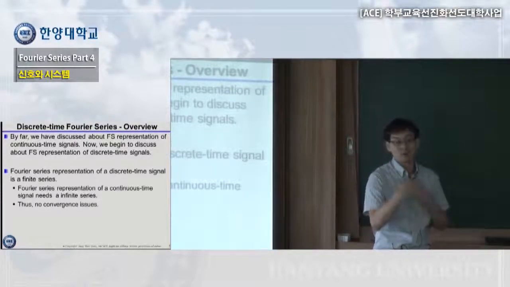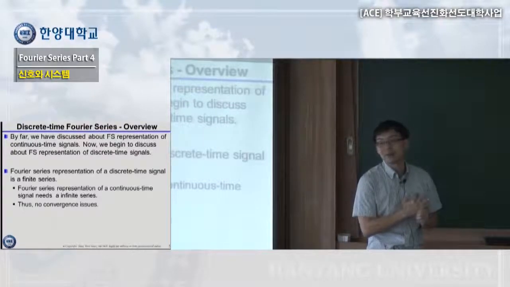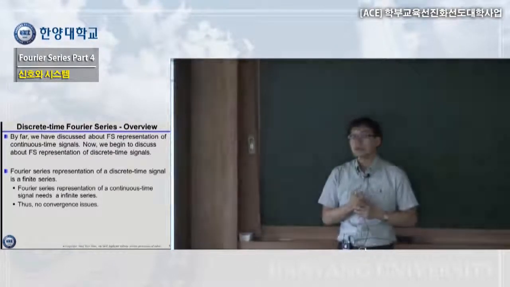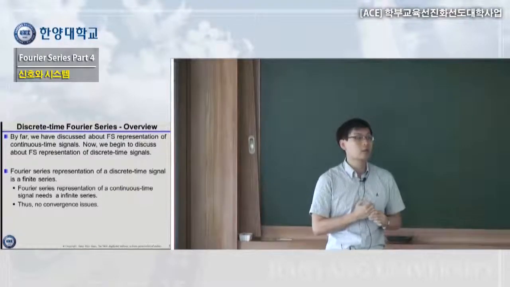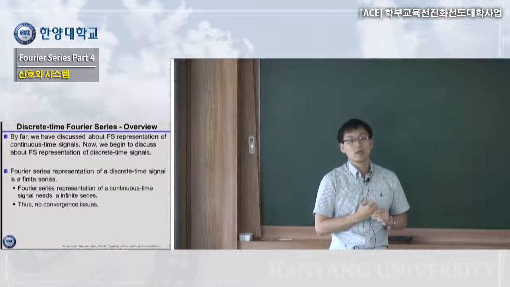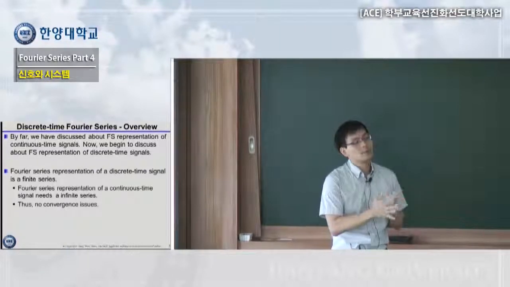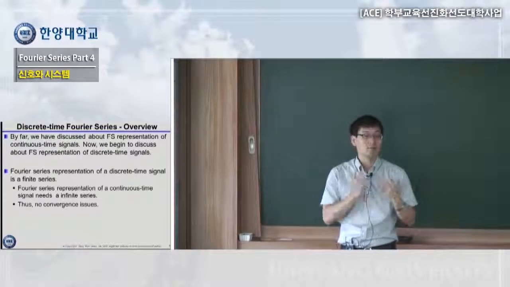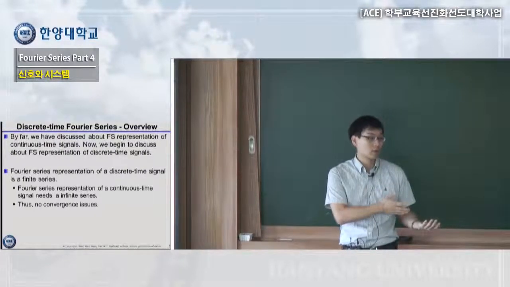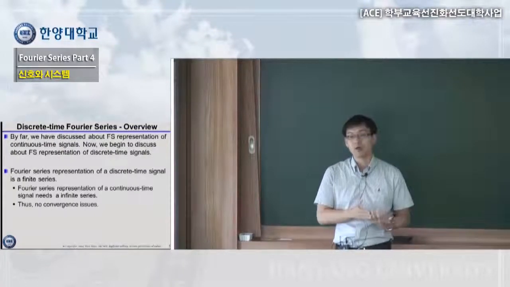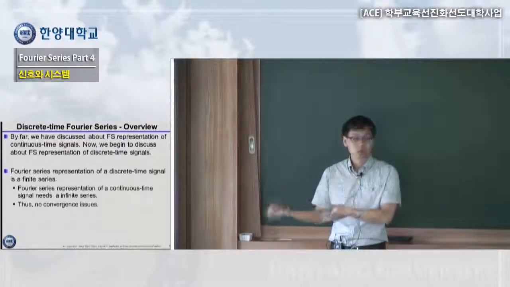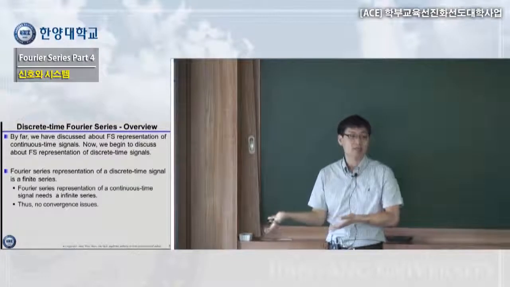We will go back to it once we finish discrete time, because in case of continuous time Fourier series, we have convergence issues. I briefly mentioned that most of the signals we handle in engineering have a Fourier series representation. But some of them in the mathematical world may not have Fourier series coefficients. There are some special cases.